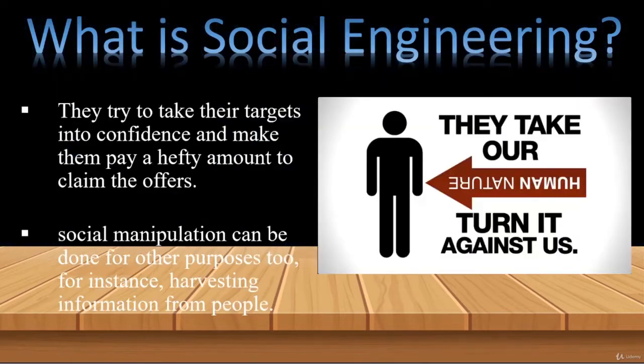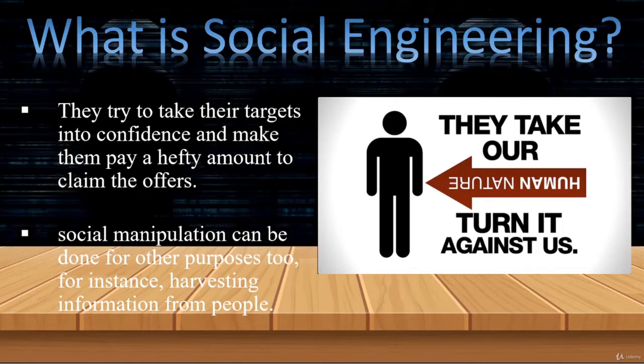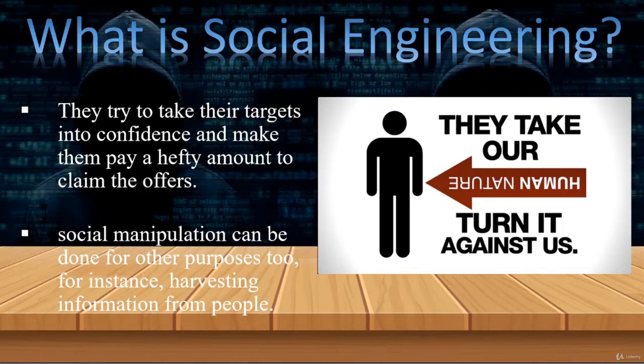For social engineering, it's all in the name, social, and it's all about gaining the confidence of an unsuspecting individual or organization. Once a cybercriminal has gained the trust of someone inside the organization, they tend to turn our own human nature against us. They use a three-phased approach to select a target, research it, and implement their attack.